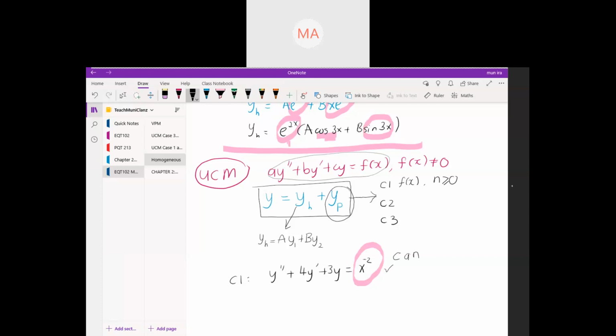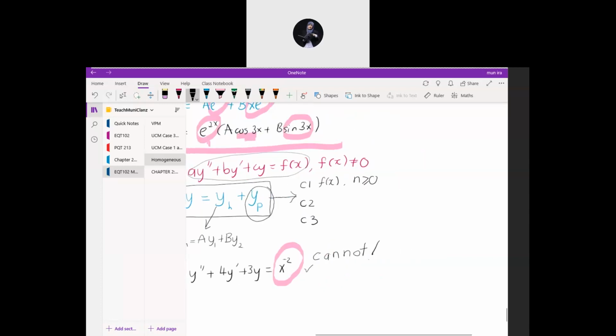The answer is cannot. Because UCM can only solve for a polynomial of degree n where n is equal to 0 or greater than 0 only. But in this one, your n is less than 0.